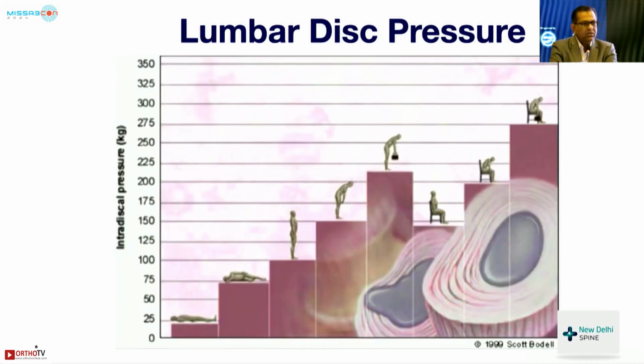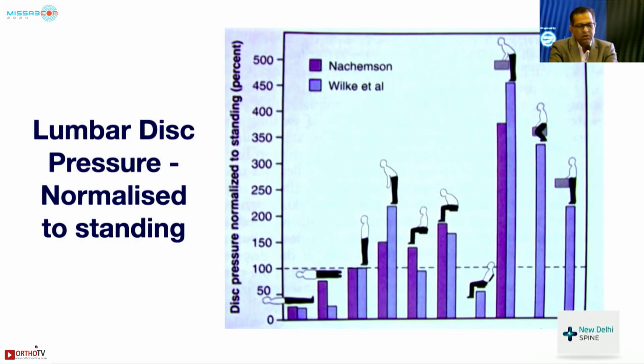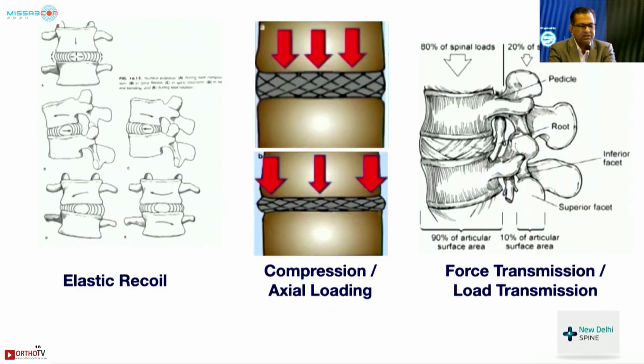We all know that there are different lumbar disc pressures in various activities, sitting, supine, standing, and everything. And we all know that the disc has elastic recoil, compression, axial loading, force transmission, and how it transmits load.